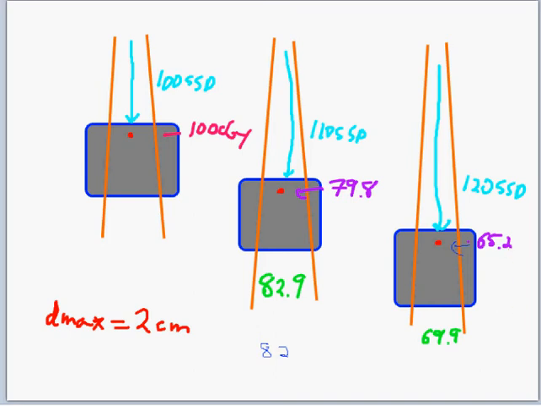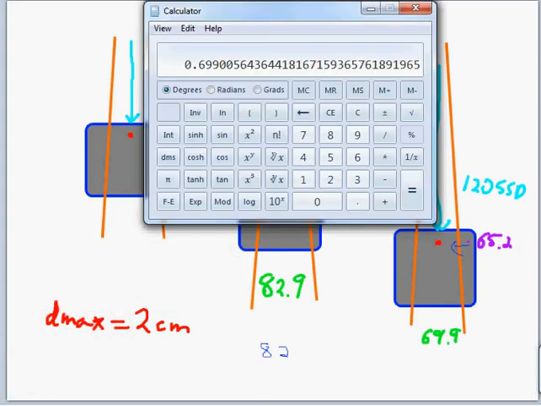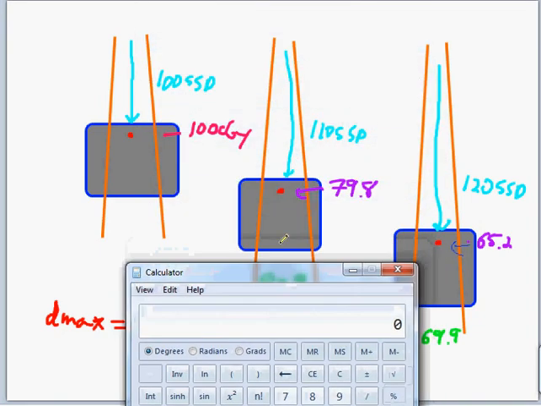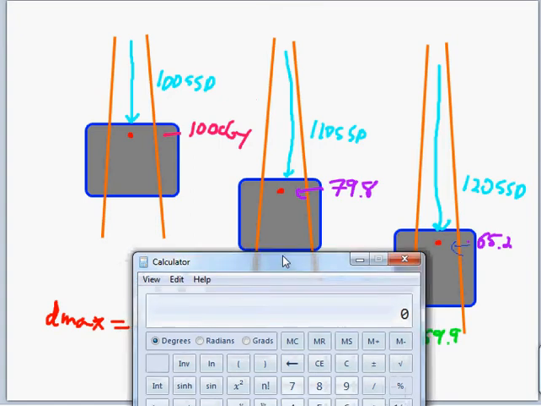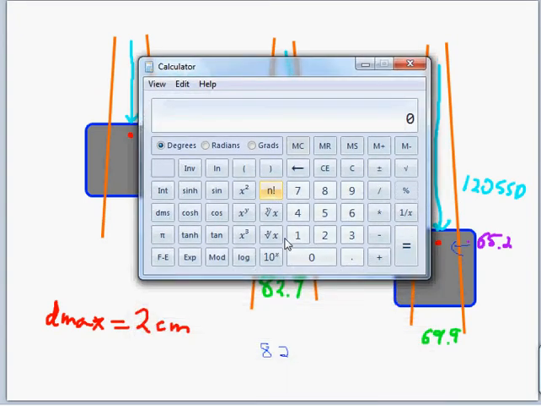So let's just try that one. Let's say I was using an SSD of 82 and with a 2 centimeter Dmax, I would say the inverse squared for going 10 centimeters farther, in this case from 100 to 110, we went 10 centimeters farther, would be like going from 82 to 92 SSD.